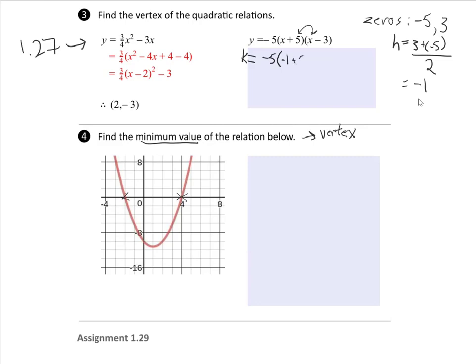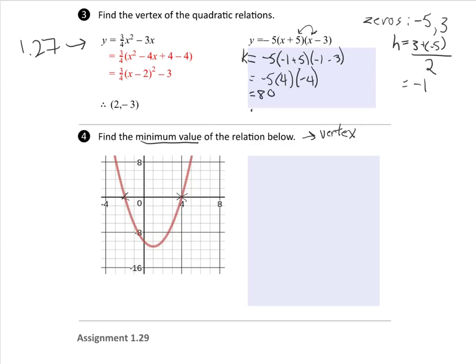We have +5 times -1 minus 3, which means I have -5 times 4 times -4. So we have -5 times 4 times -4, which is just -5 times -16, which is just +80.